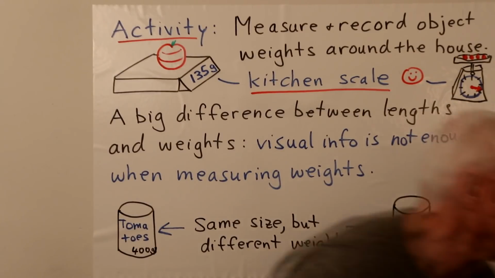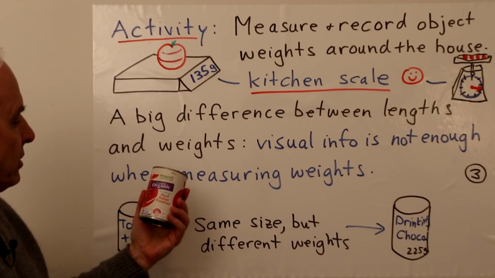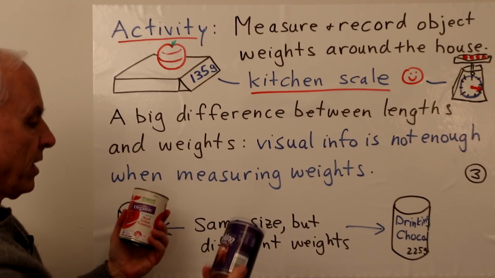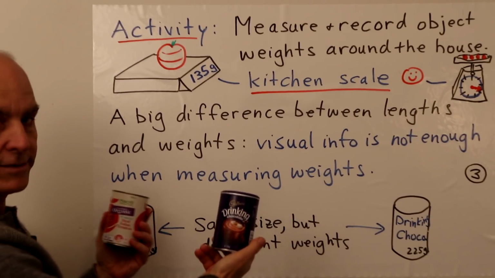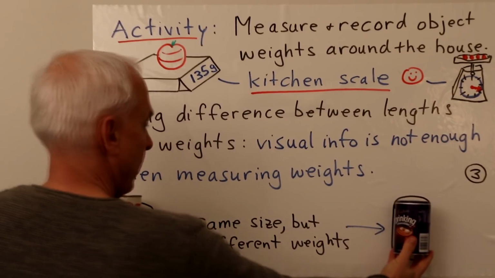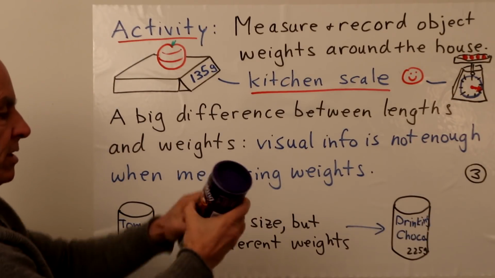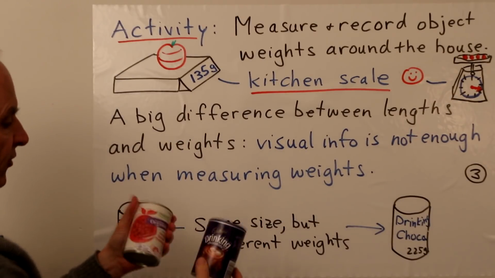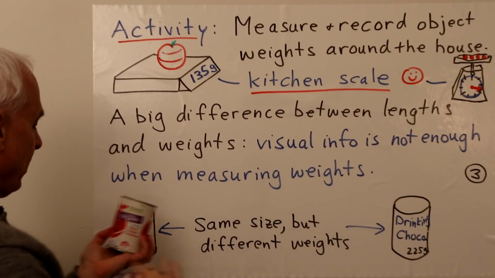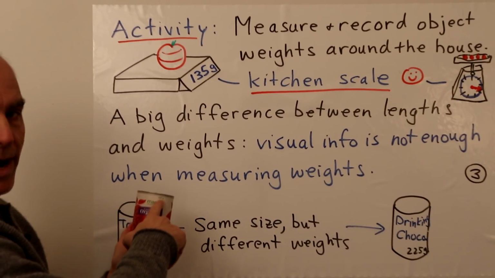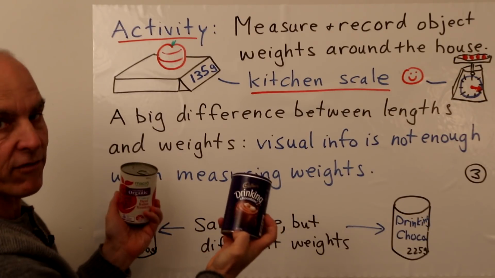So here's an example of that. I have two cans from the kitchen. Here we have a can of certified organic tomatoes. And over here we have a can of Cadbury drinking chocolate. They are roughly the same size, same height, and if you put one on top of the other, they're the same width. So physically they're the same size, but they're actually quite different weights. In fact, you can read this one as 400 grams, and this one says 225 grams.